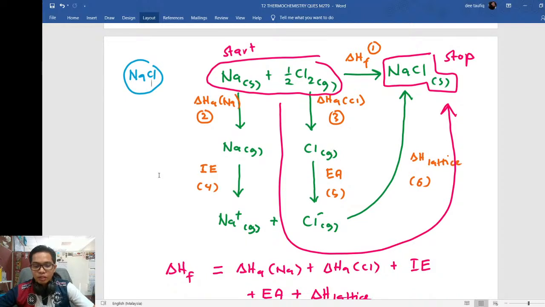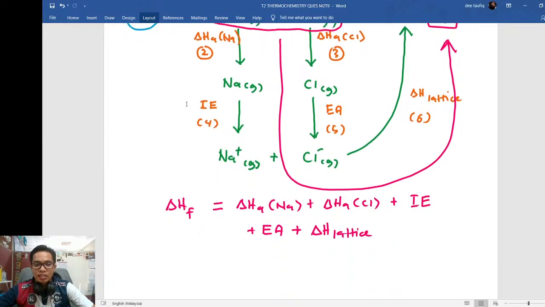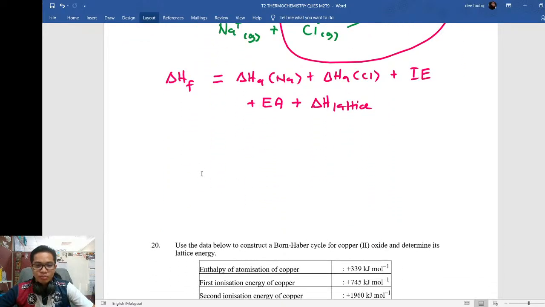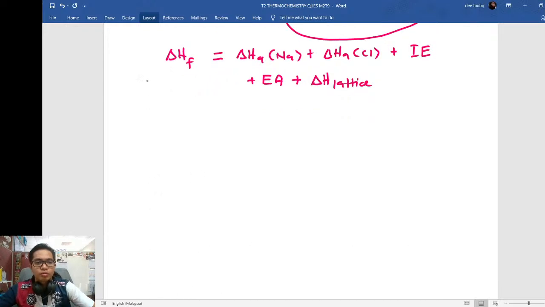Okay, boleh? So untuk formula dia tak semestinya delta HF equal semua sekali, bergantung kepada you punya anak panah. Let's say saya sketch lain. Saya tolak tepi juga. Okay, ini adalah rekaan pula.